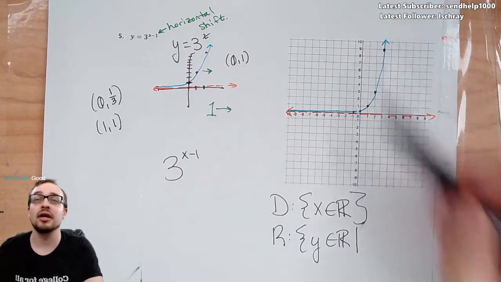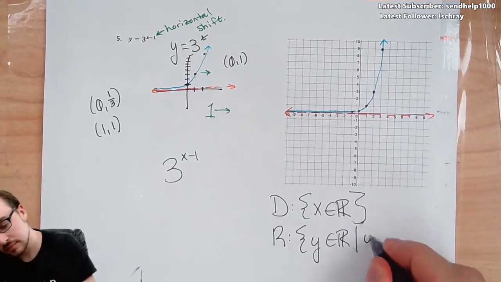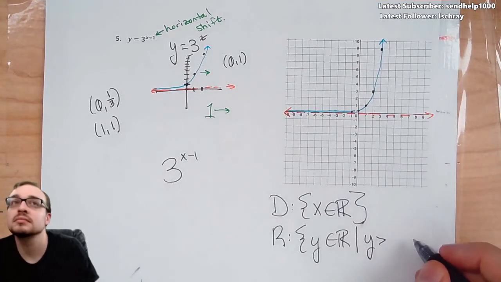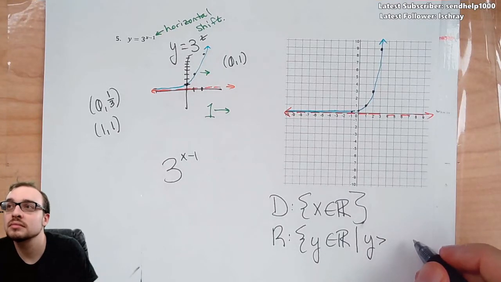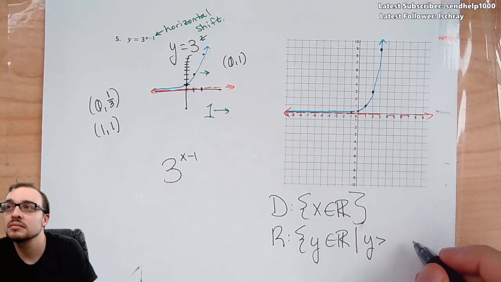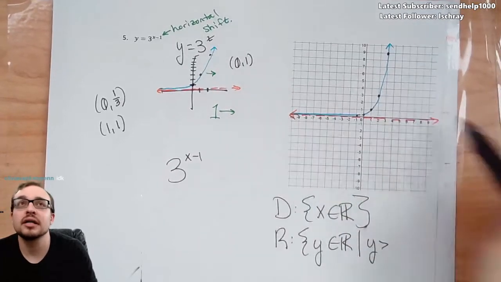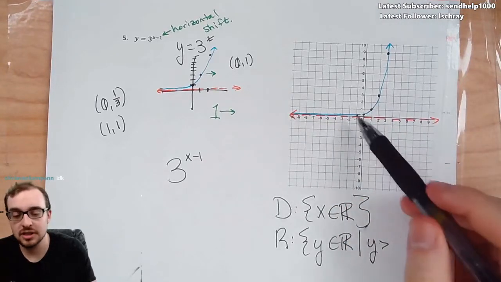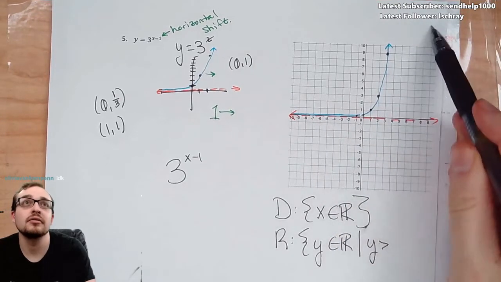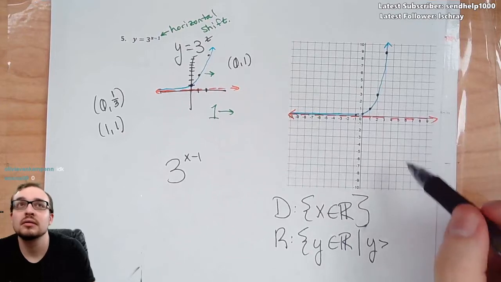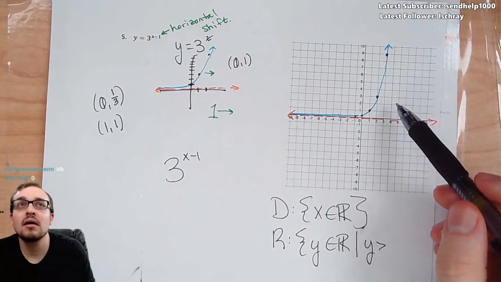Y has to be greater than what? So left to right, it can be anything. Are we cool with that? Because it goes to the left forever and it goes to the right forever. Are we cool with that, Olivia?